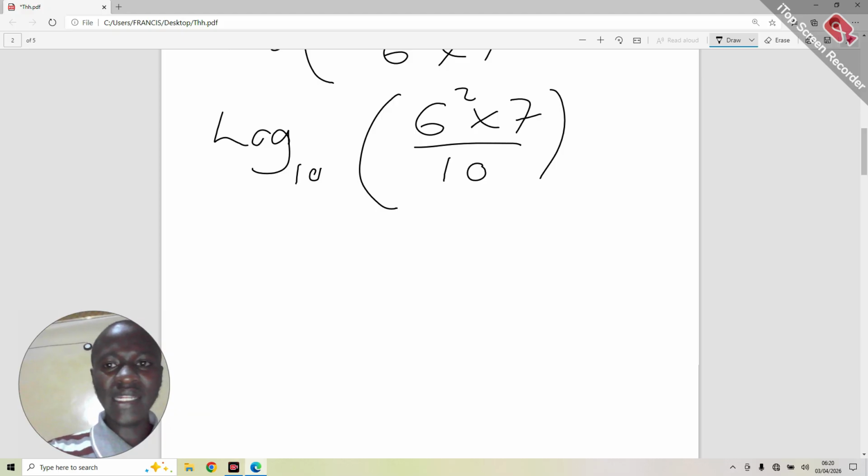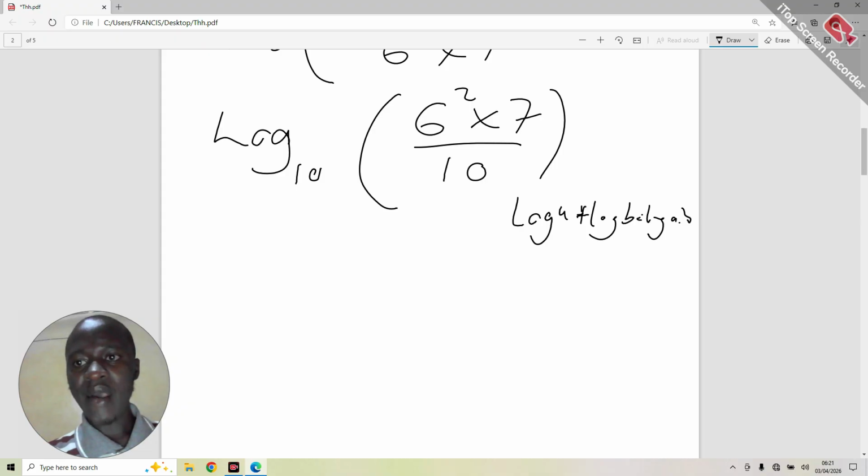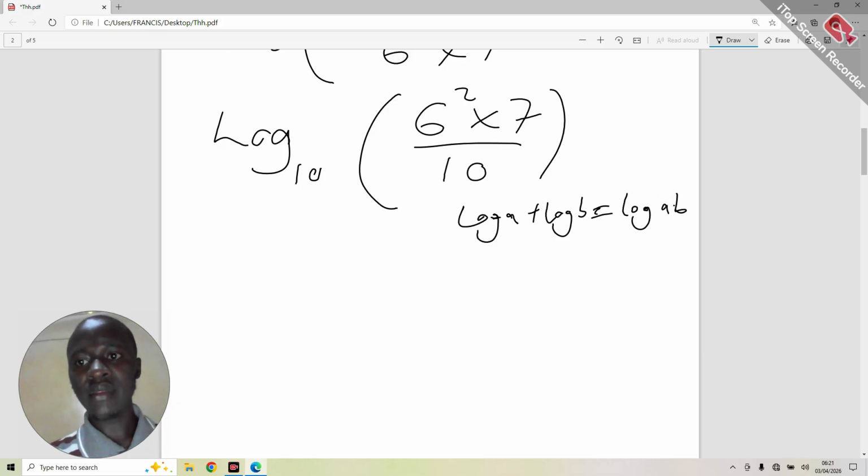So this can be rewritten as, if you can remember the laws of logarithm, log A plus log B is equal to log AB.